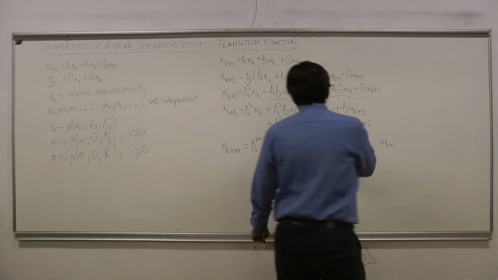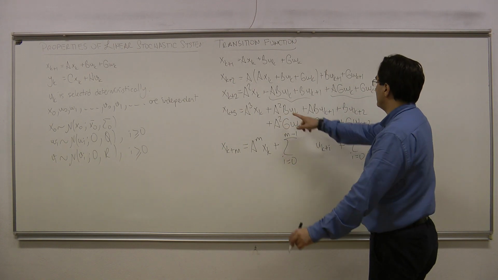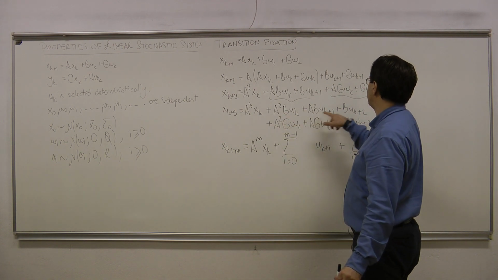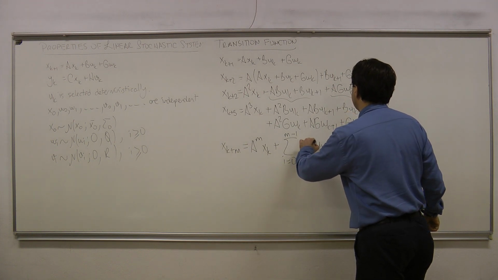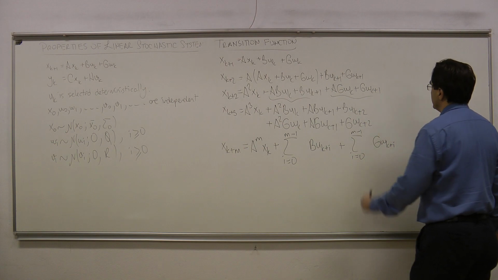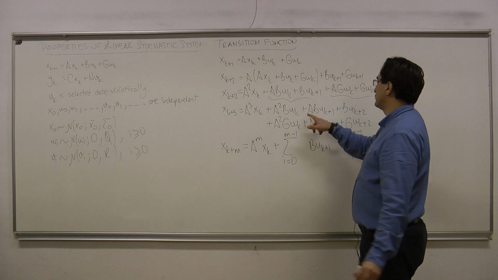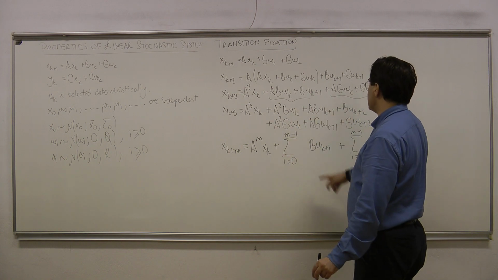So you see that when i is equal to 0, first of all, there is always B in front of u. Okay? So I would always have B. Similarly, there is always G in front of w. Okay? Now I have to adjust the powers of A appearing here.